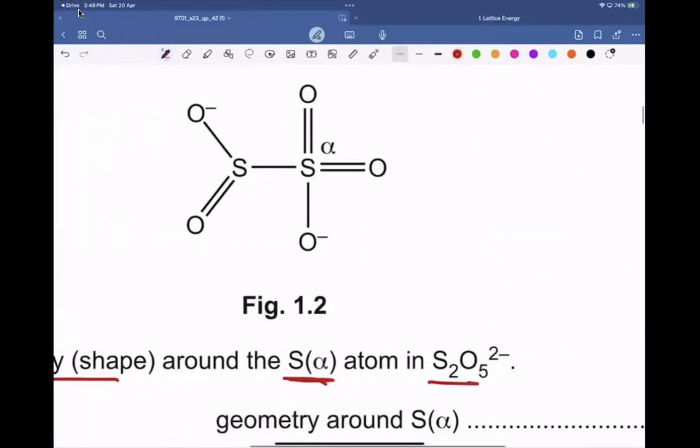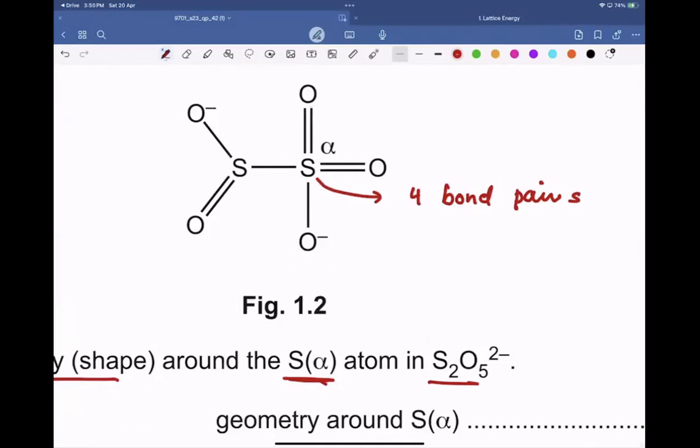If you see over here, how many bond pairs are there around sulfur? There are 4 bond pairs. Yes, very good, Abdullah. Very good, Shahan.